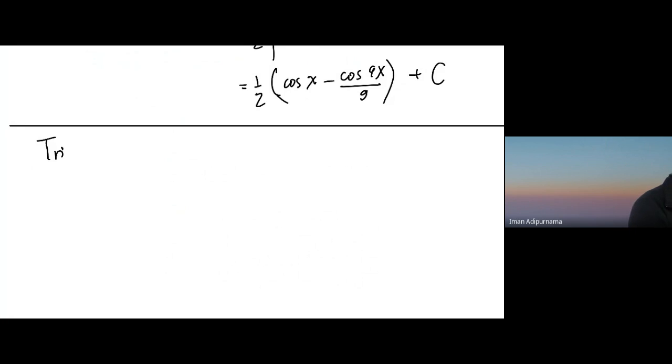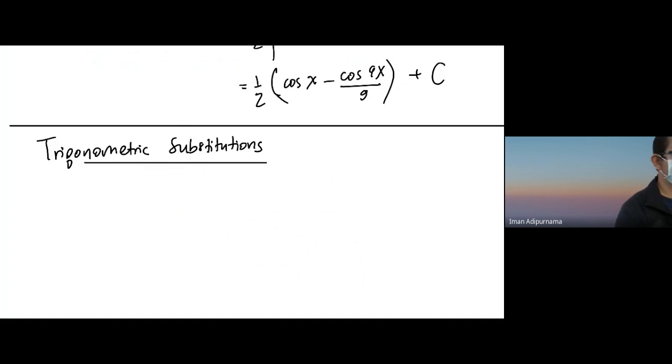So it's called the trigonometric substitutions. The idea behind trigonometric substitution is basically we need to substitute variables with trigonometric functions.